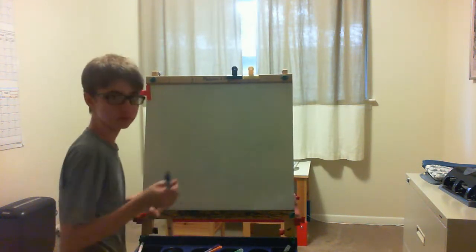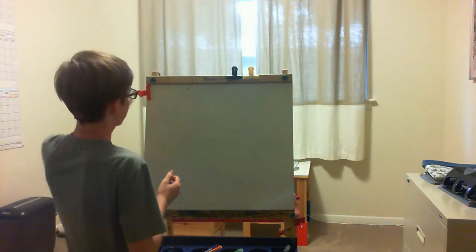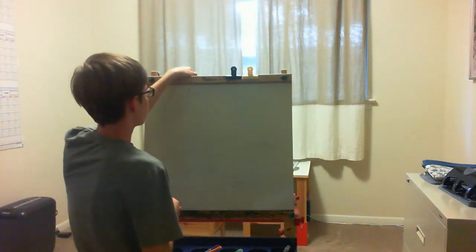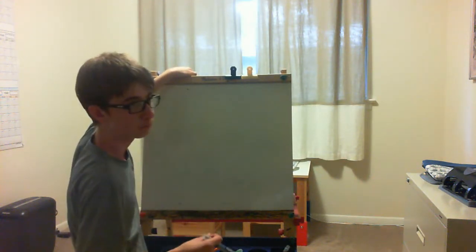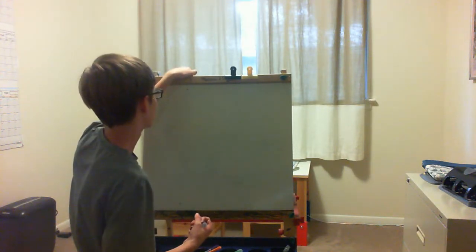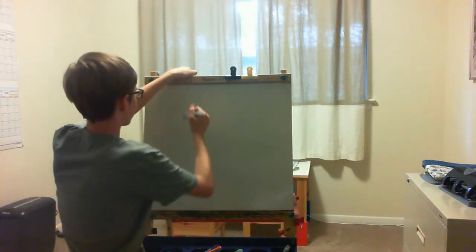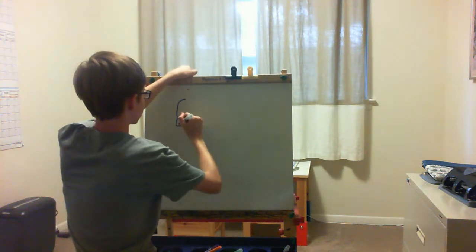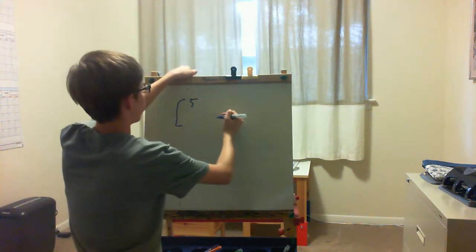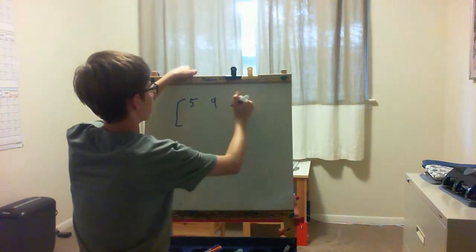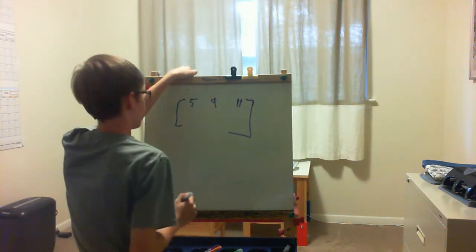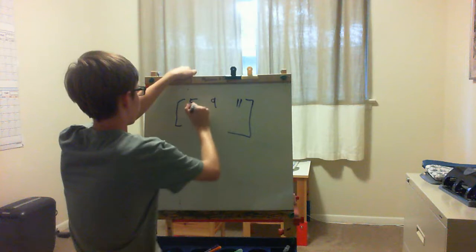So, an example would be, let's say we do a 3 by 3 matrix plus another 3 by 3 matrix. I'm just going to write down random numbers. So 3 by 3.